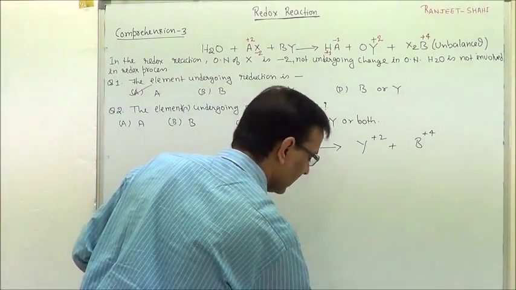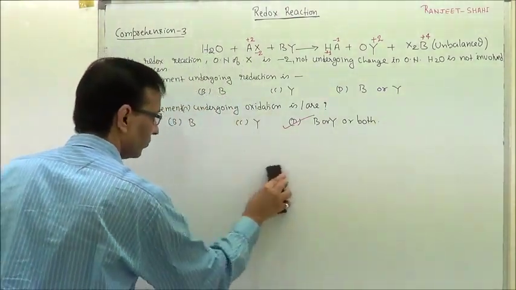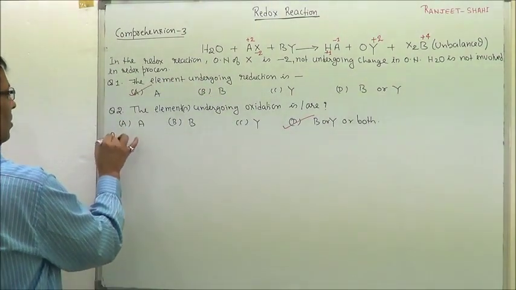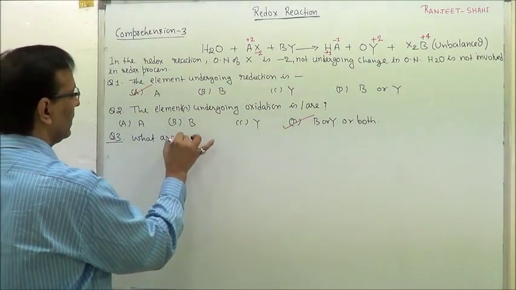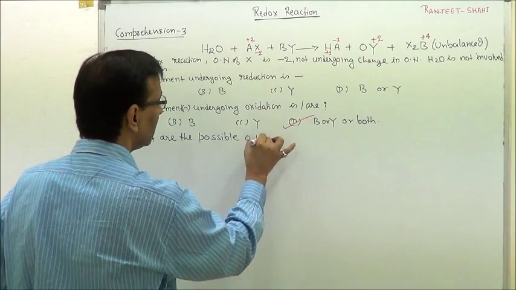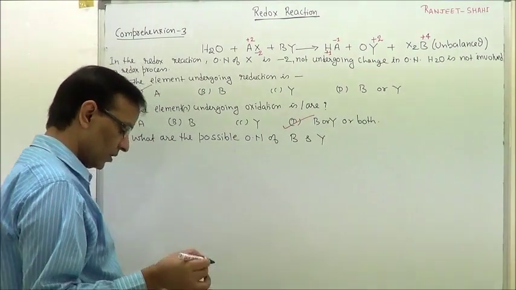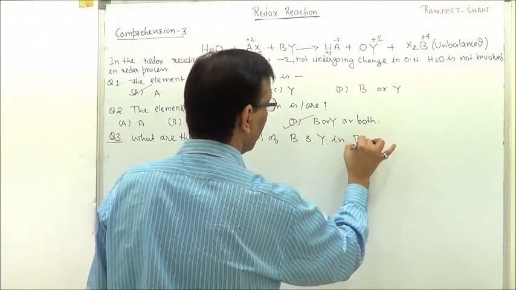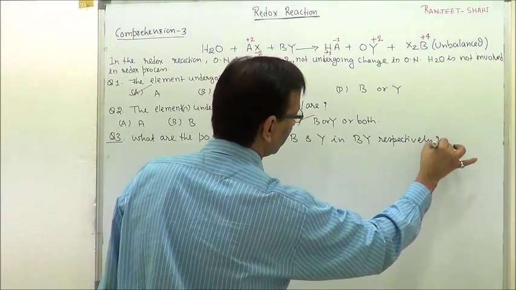The next is question number 3, based on the same comprehension. What are the possible oxidation number of B and Y in BY respectively?